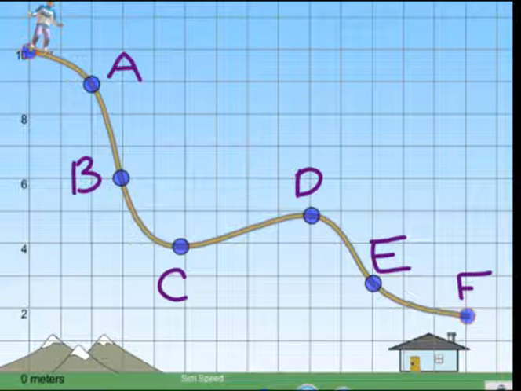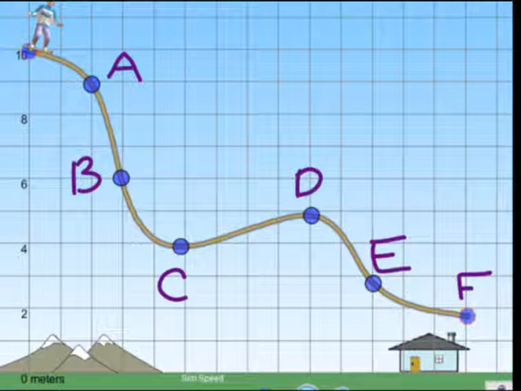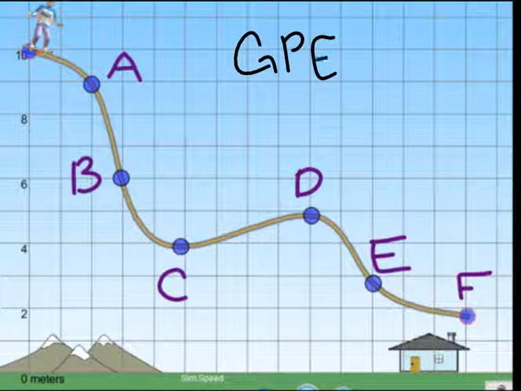All right, so question 1 asks us, at which point is the gravitational potential energy going to be the highest? So we're looking for our gravitational potential energy, or GPE.